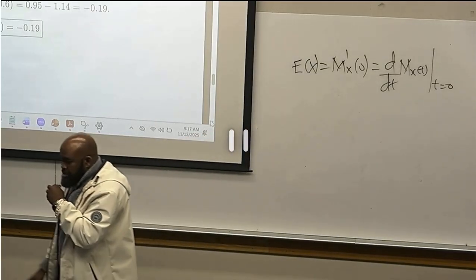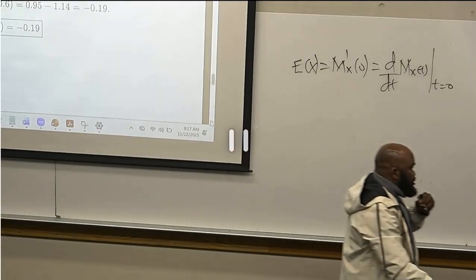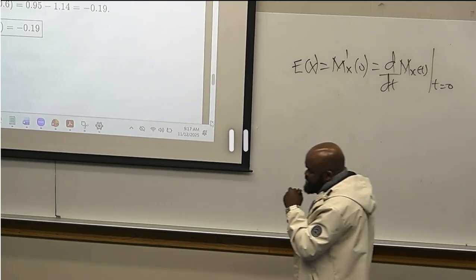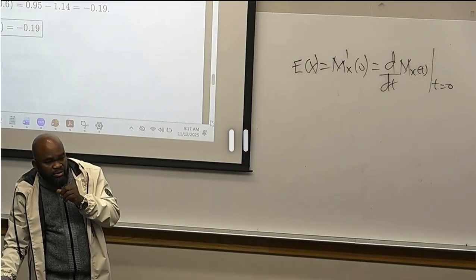That is how to get the mean. So you perform a derivative on the moment generating function with respect to t. After performing the derivative, you set t to be 0. When you set t to 0, that gives you the mean of that distribution.